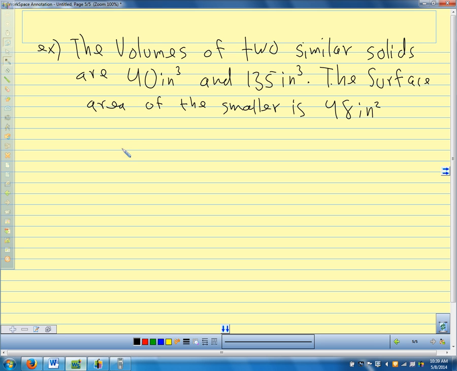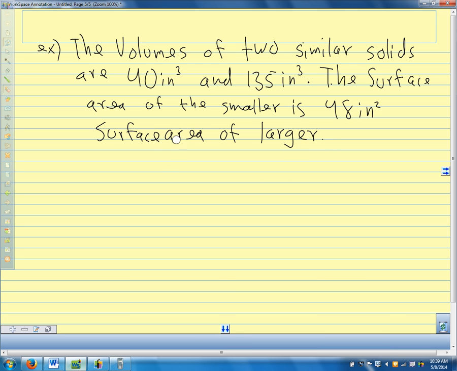Surface area of the smaller is 48 square inches. We want the surface area of the larger. All right, so what are we going to do here?